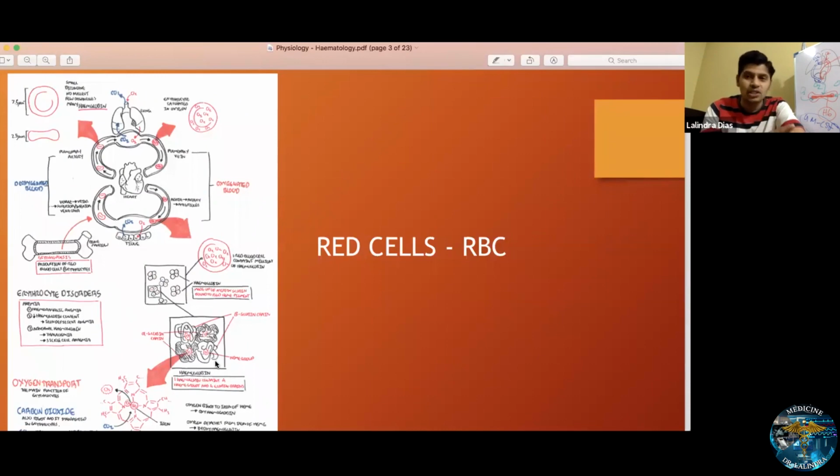These are the 7 causes of anemia where you have large red cells, and we call it macrocytic anemia. What are they again? I'll quickly revise. B12 deficiency, folate deficiency, then cirrhosis, alcohol, hypothyroidism, and myelodysplastic syndrome. Okay, and also hemolytic anemia.